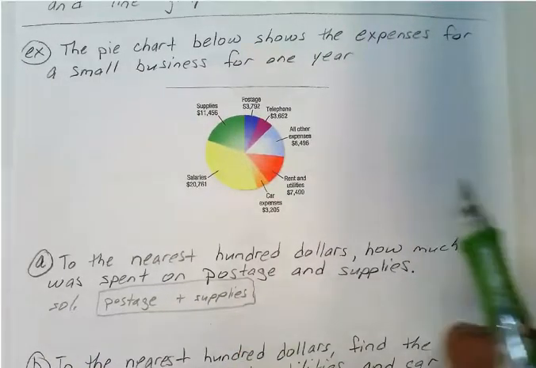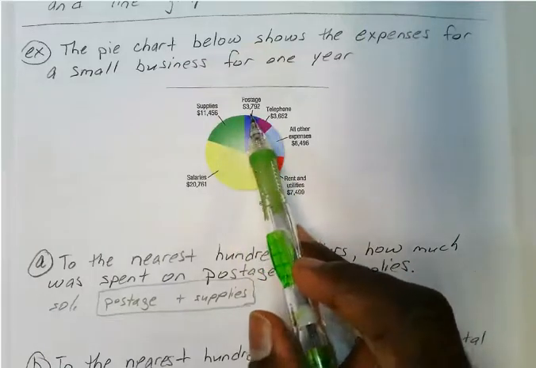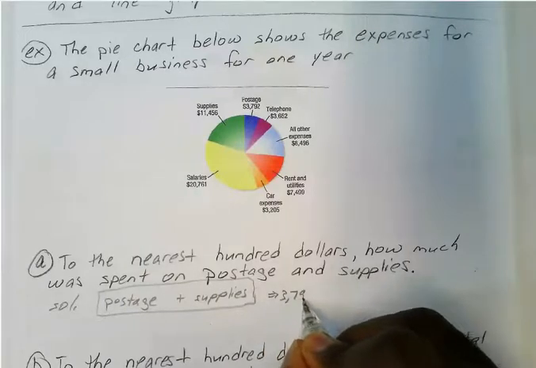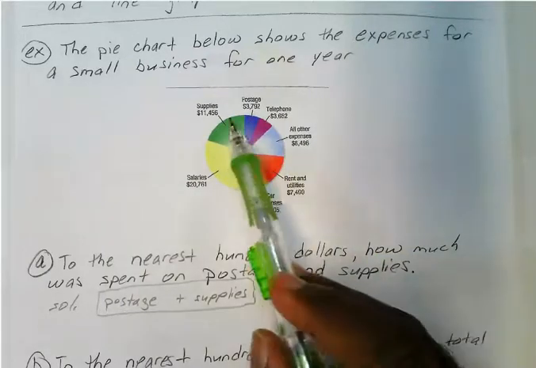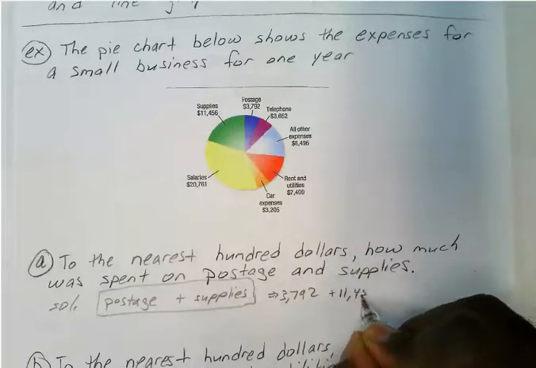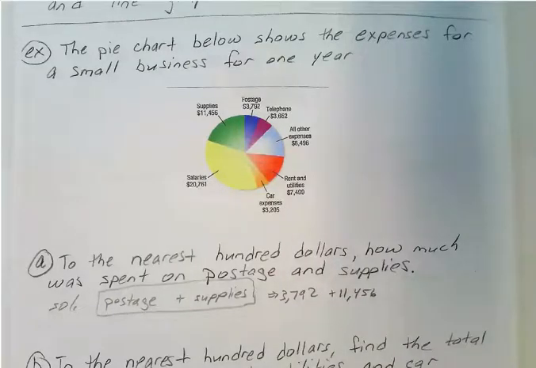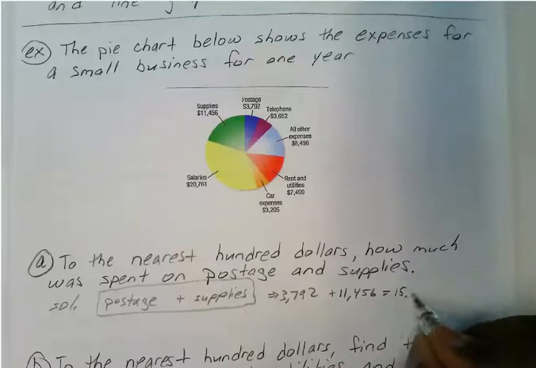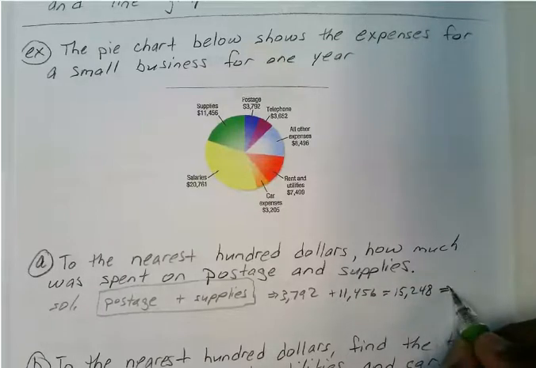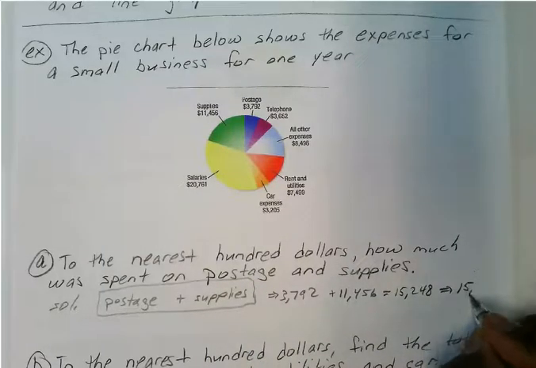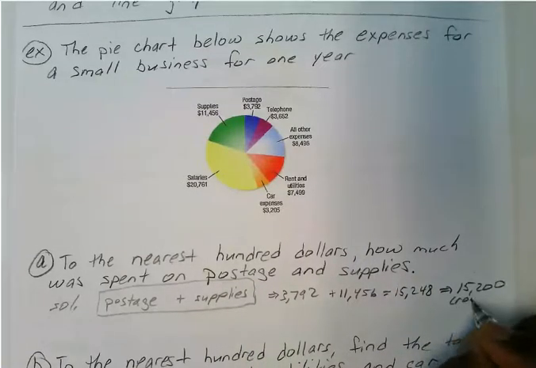Postage, you see here, is 3,792, and supplies, 11,456. If you add those two together, it is 15,248. But remember, they want it rounded to the nearest $100. So that will be $15,200 rounded.